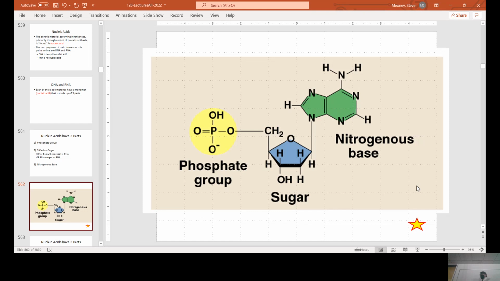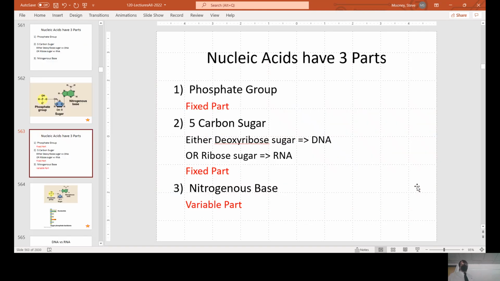How many we have there depends on how many rings we're dealing with, which brings us to our next point: just like our amino acids, there are fixed parts and there are variable parts. With our amino acids, we had the R groups. There were 20 different ones of those. The variable part, the nitrogenous base, there's only 5 of those.